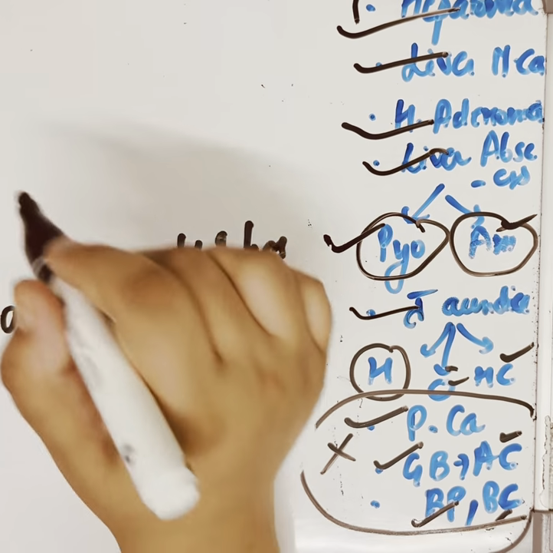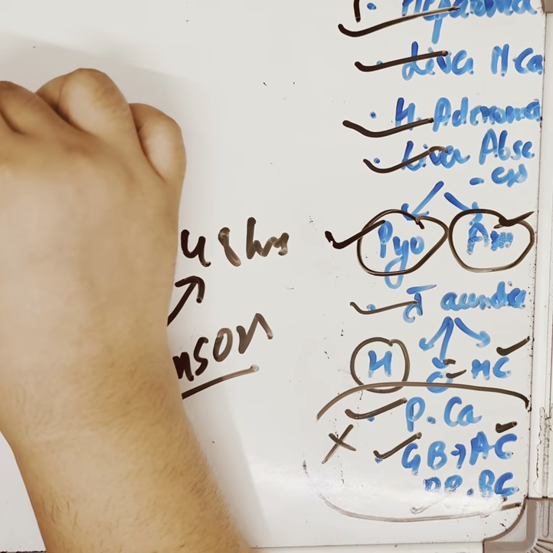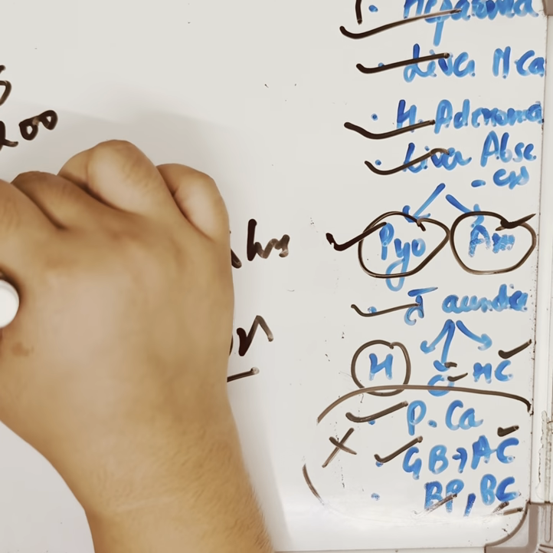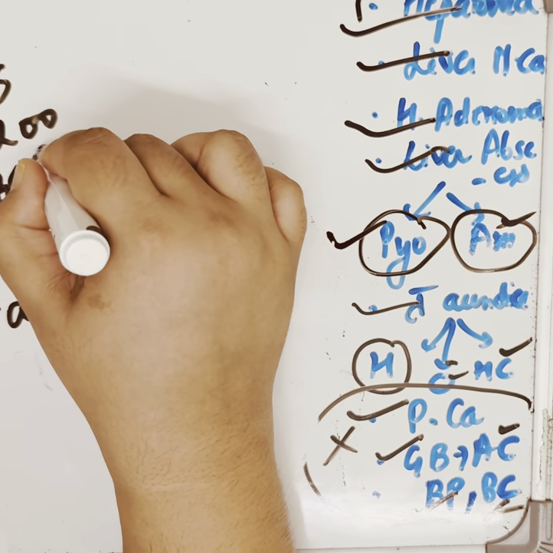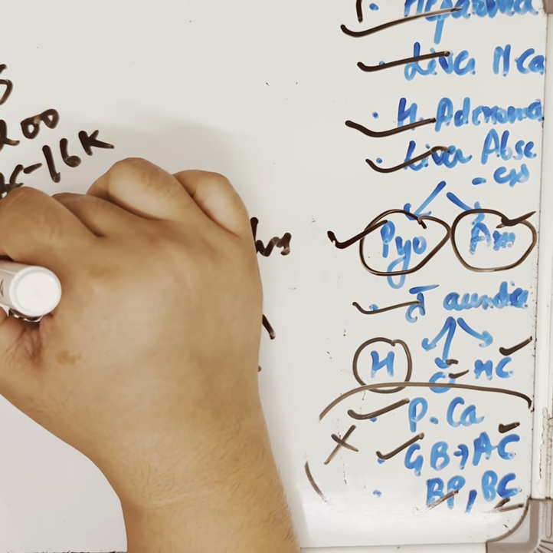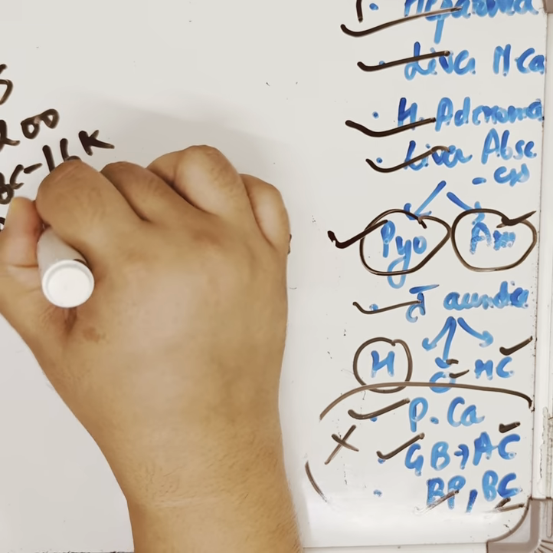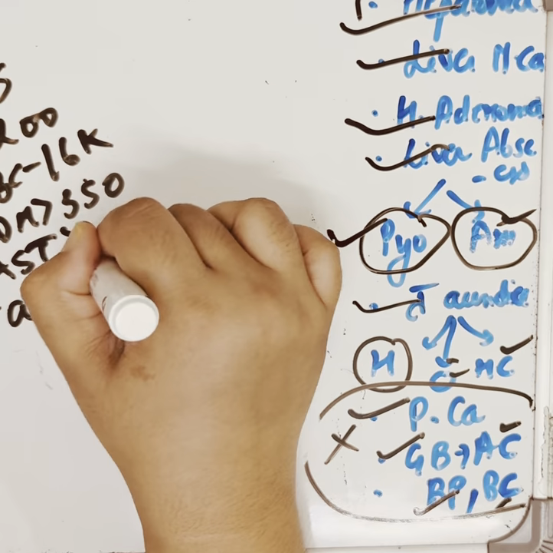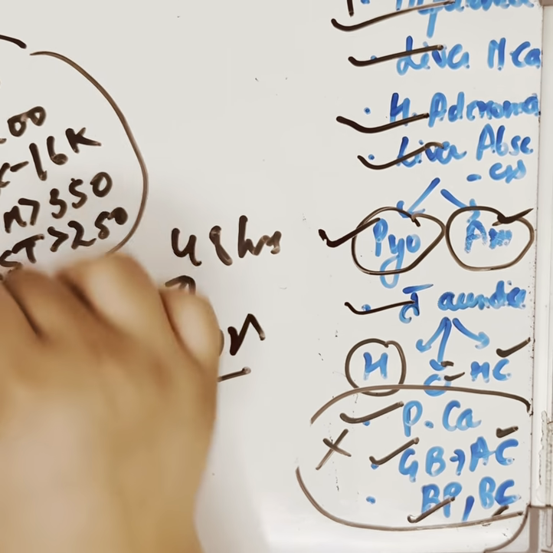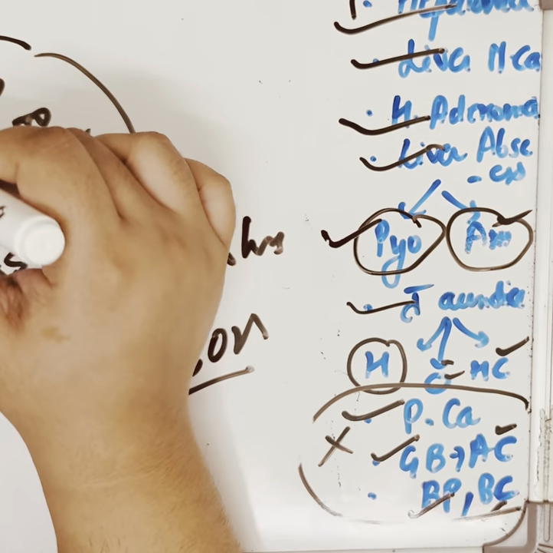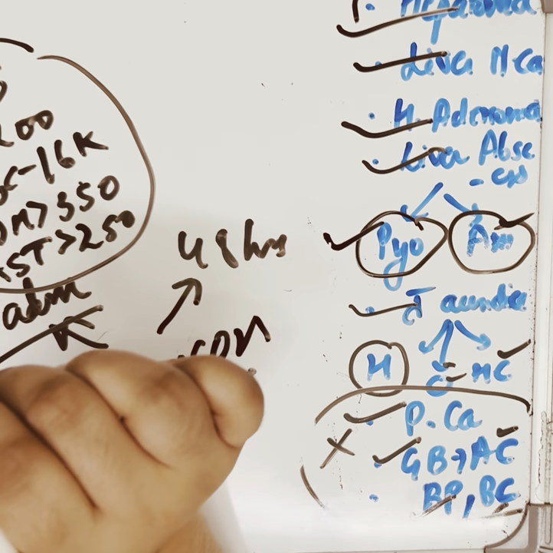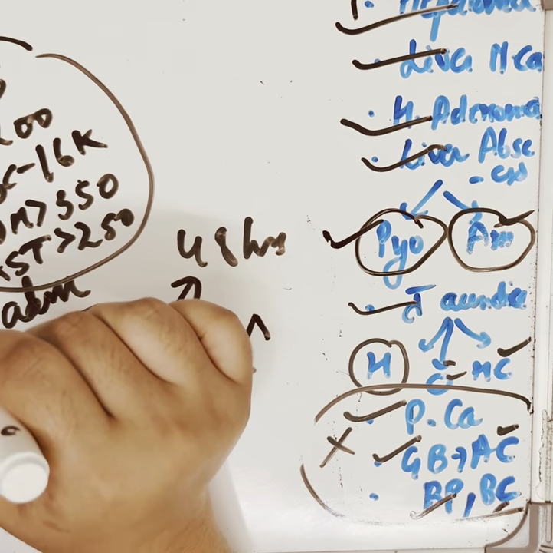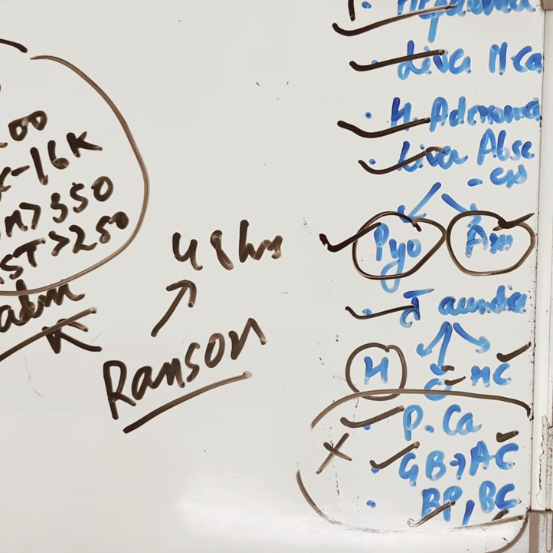So at admission: age more than 55, glucose more than 200 milligram per deciliter, WBC more than 16,000, LDH more than 350 units, and AST, the transaminase, more than 250 units.